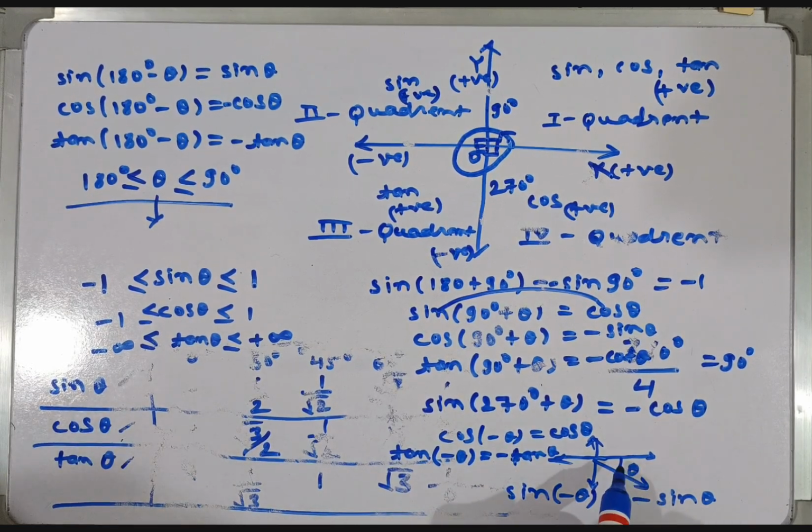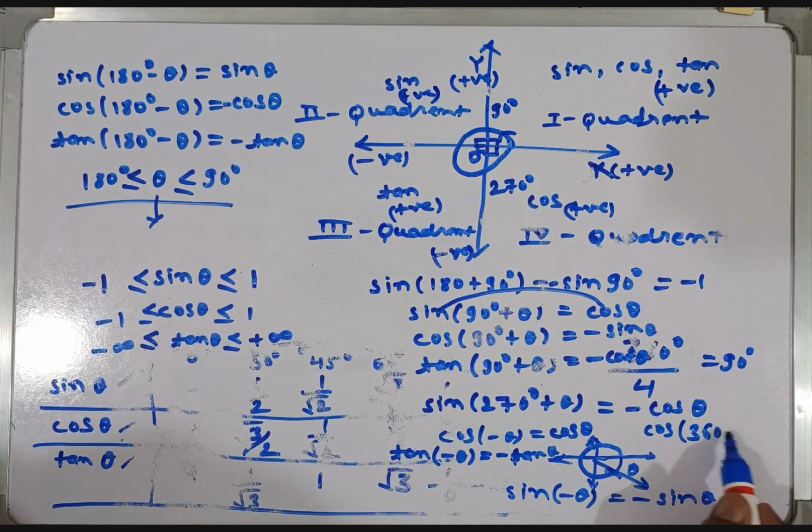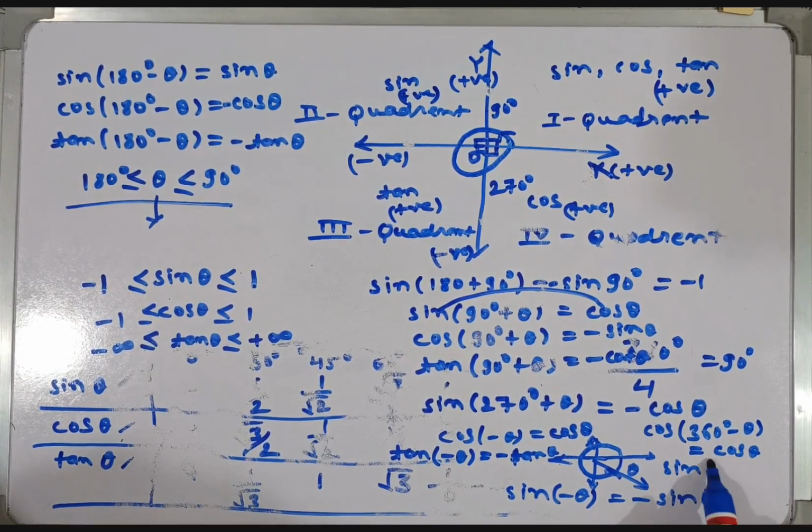You can also write cos of 360 degree minus theta equal to cos theta, and sine of 360 degree minus theta equal to minus sine theta. So you must remember this trigonometry.